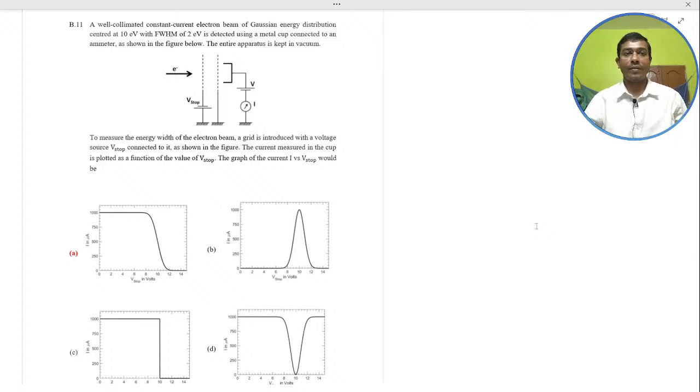A well collimated constant current electron beam of Gaussian energy distribution centered at 10 electron volt with full width half maxima. Full width half maxima, this one.